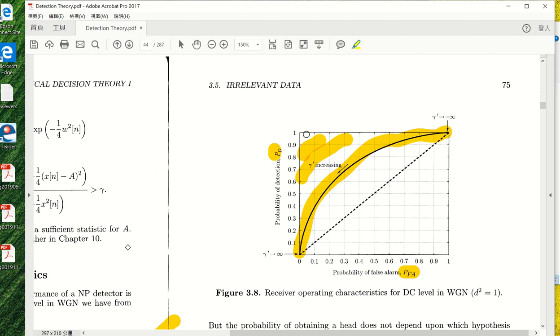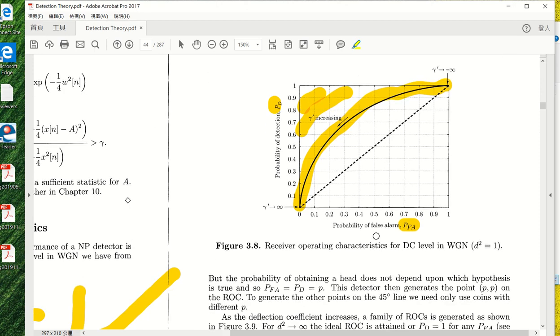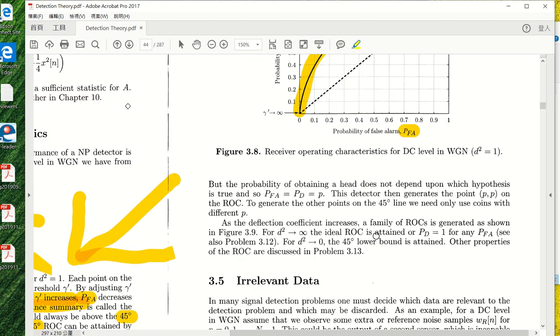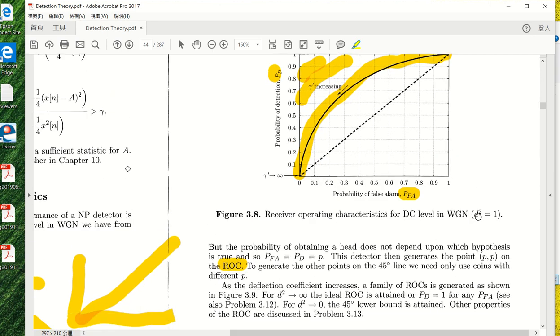But usually we don't get detectors like that. So we like to push this ROC up to this point. The closer to here, the better we are. That's the PD and PFA. And we call it ROC. Remember the name.